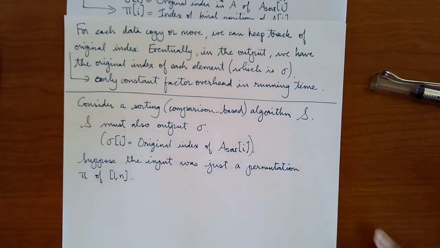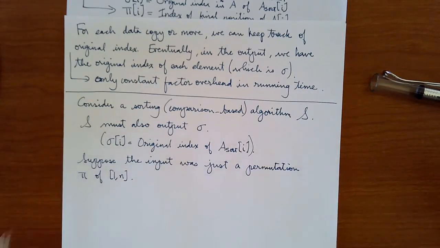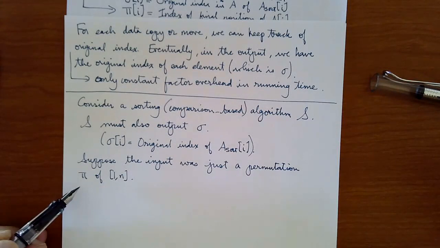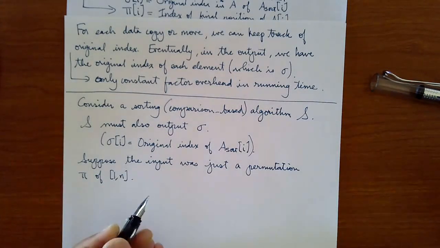So suppose that was just the input, and suppose S even knew that the input is just a permutation from 1 to n. But S now has to output the corresponding sigma. Okay, so let's see what this is.